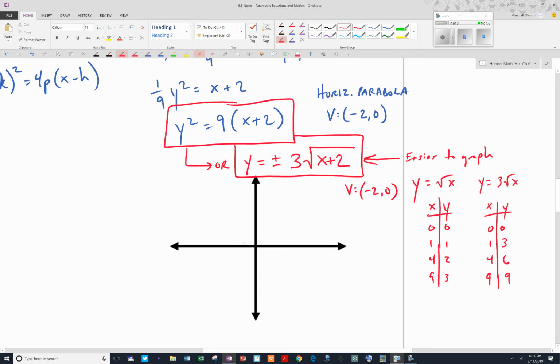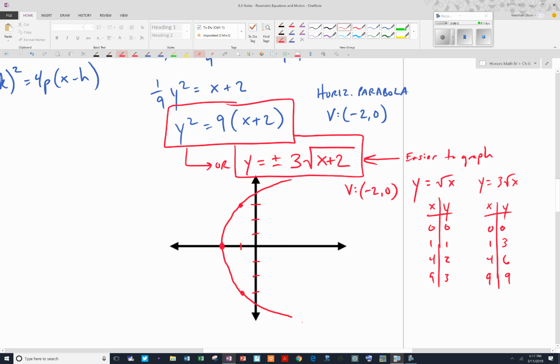With square roots, it's just that starting point that's normally (0, 0). We're going to go back to (-2, 0) and put that point right there. And then we're going to graph these points from there. So (0, 0), that's the point that we've already graphed, and then (1, 3) from that point would be right there. And then I can reflect that because of the positive negative. So we'd have another point right there. So this graph looks something like this.